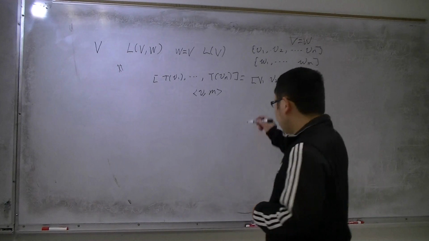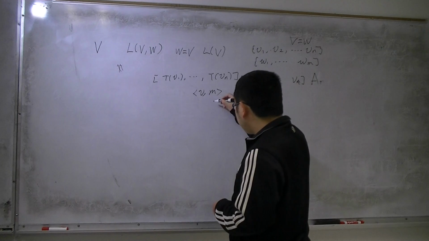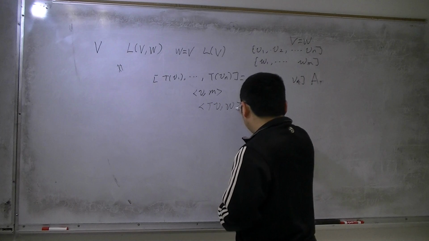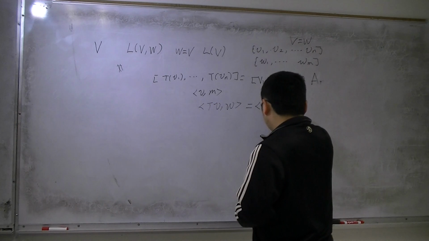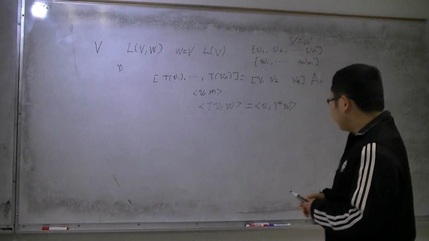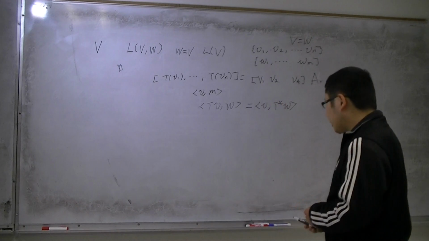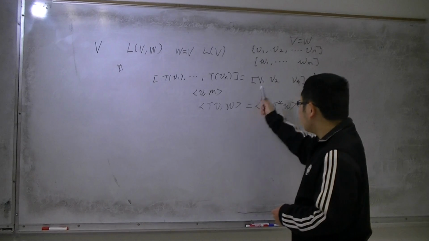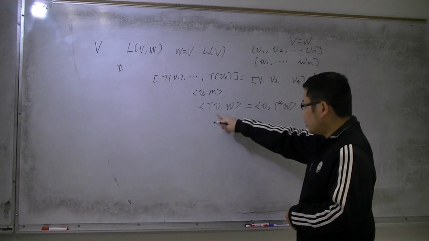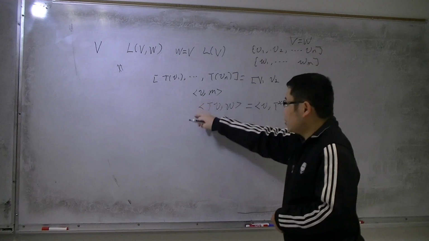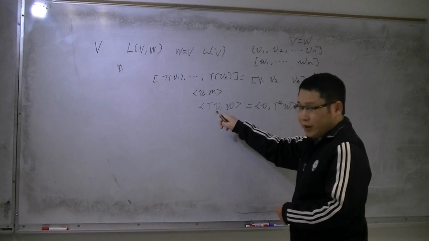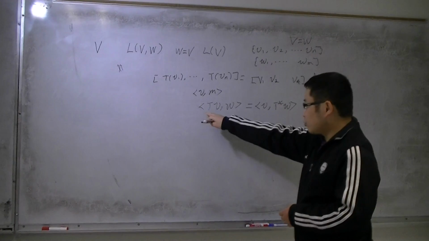The adjoint operator, which means that for a linear function, we define this operator based on the inner product. First we choose W, and this is a linear function of V, because this is linear and the inner product is linear.